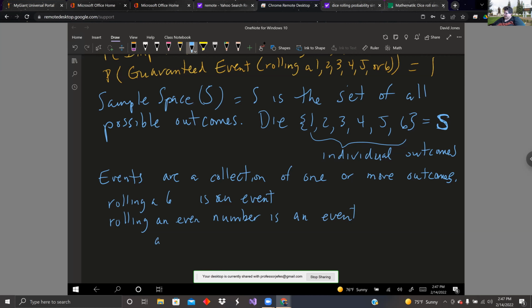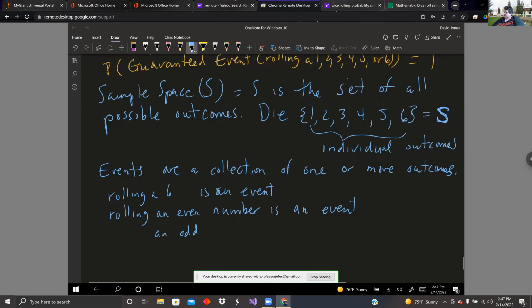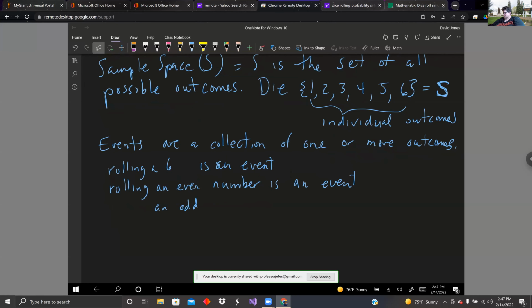Or rolling an odd. Or rolling the lower half. One of the lower half, which would be like 1, 2, or 3. So any of these can be events.